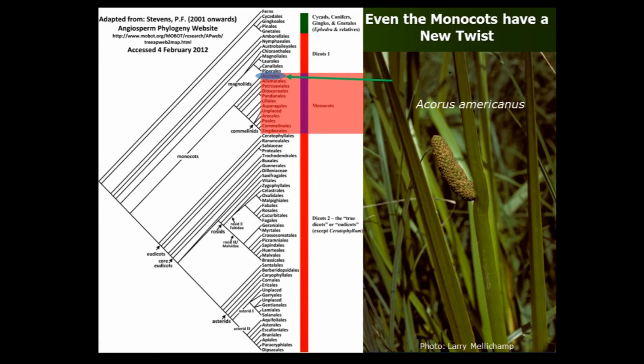Even the monocots have something interesting about them. Acorus, the sweet flag. This is a very important plant economically. The European sweet flag, which is actually not our native plant, although it's introduced a little bit in Michigan, was highly used in medieval days because people didn't wash, and so instead of using deodorant, they put sweet flags out in all the rooms.